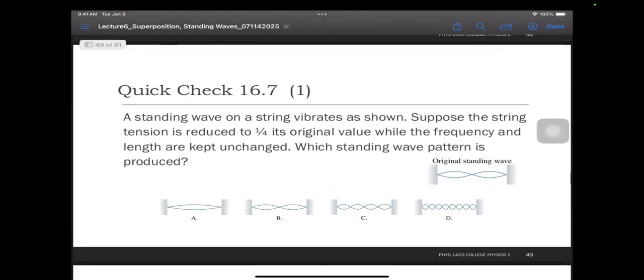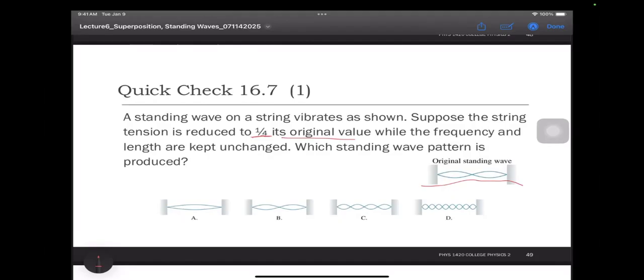A standing wave on a string vibrates as shown. Here is the original one. Suppose the string tension is reduced to one quarter of its original value, while the frequency and the length are kept unchanged. Which standing wave pattern is produced?